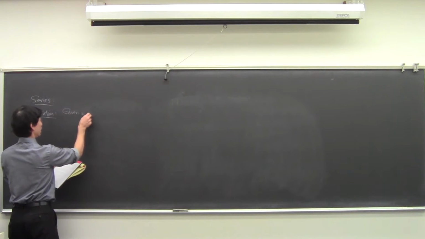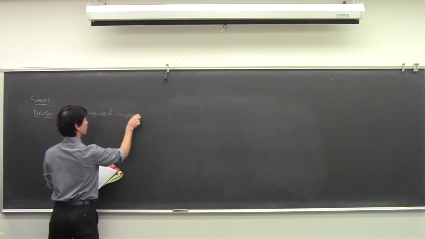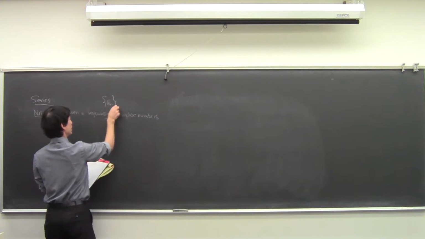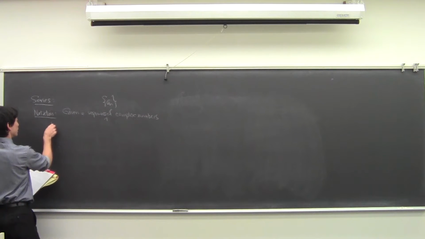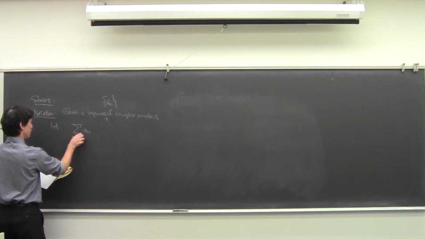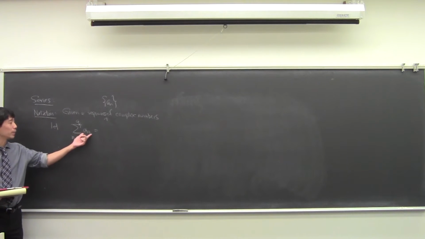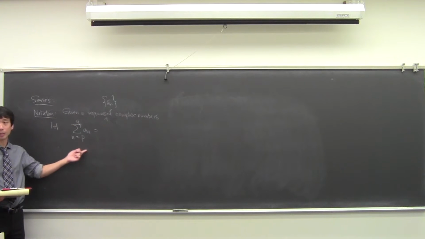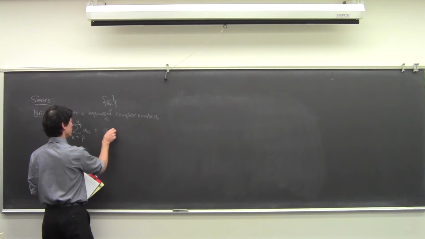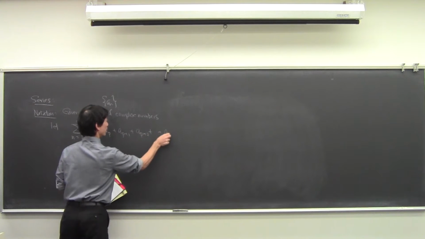Given a sequence a sub n of complex numbers, we let the summation from n equals p to q. If I write sigma a sub n from p to q, this means the sum of the a sub n: a sub p plus a sub p plus 1, a sub p plus 2, all the way up to a sub q.